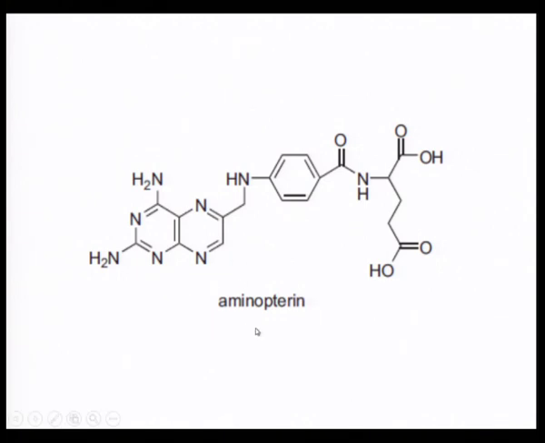So, aminopterin is supposed to be the first folate synthase inhibitor. This is an enzyme which is very essential in the pathway of folic acid, and how folic acid activation, dihydrofolate reductase and tetrahydrofolate reductase in a sequential manner activates folic acid.